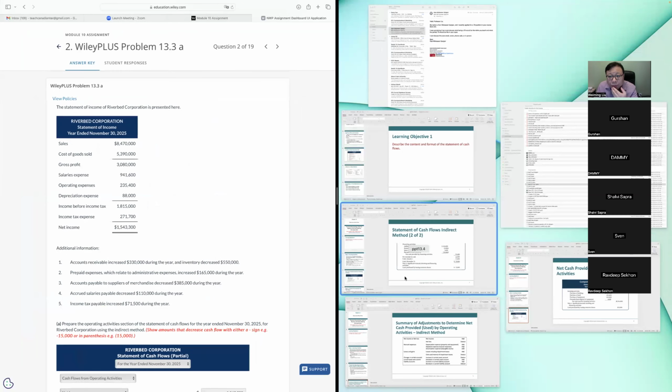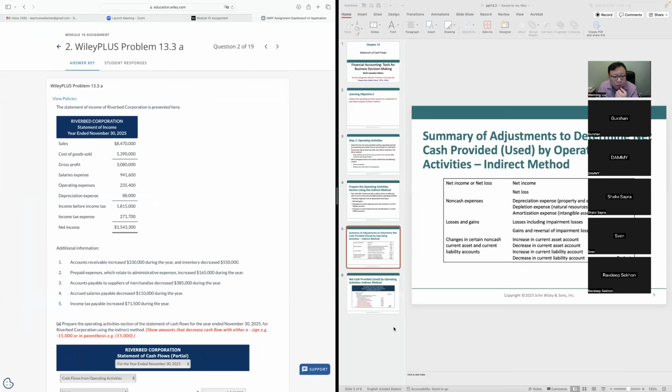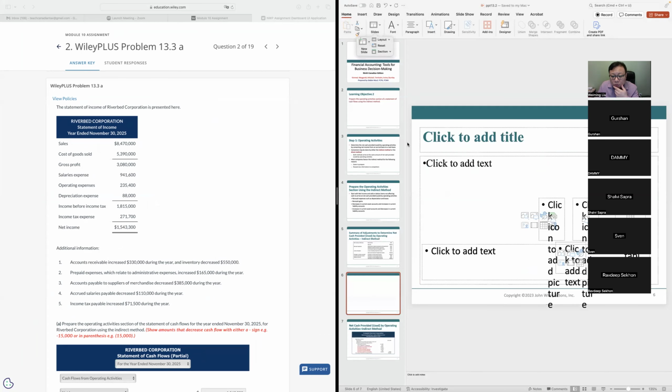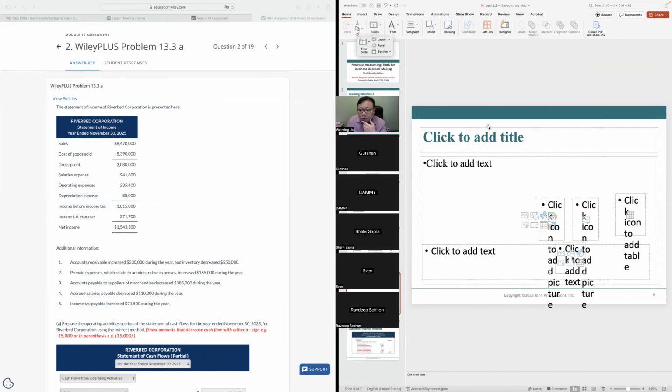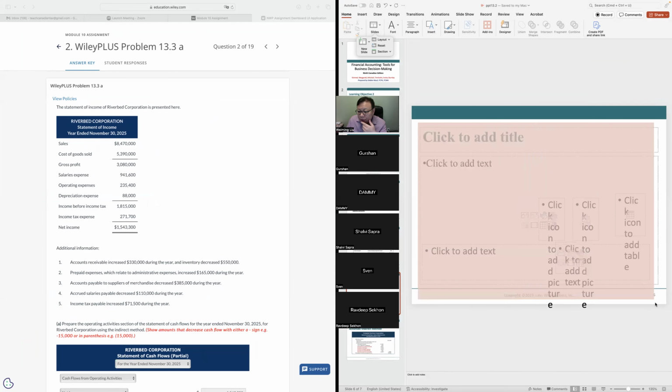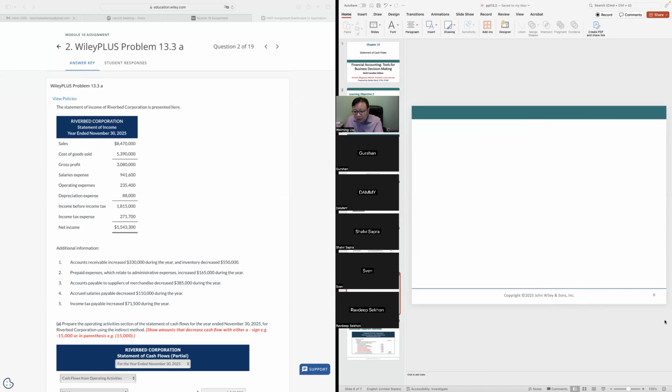And which one was I working on? Sheets 1, 2. This one. Okay, so I'm going to do this with you together. So you are able to see half of the screen is the question.